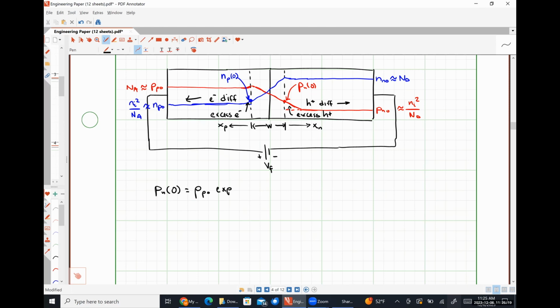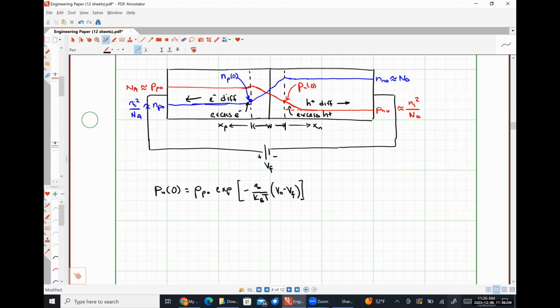Our hole concentration on the N side of the crystal at x sub n equal to 0 is going to be equal to our hole concentration on the P side of the crystal at thermal equilibrium, times something, and that something is exp negative q over kBT times (V naught minus Vn).